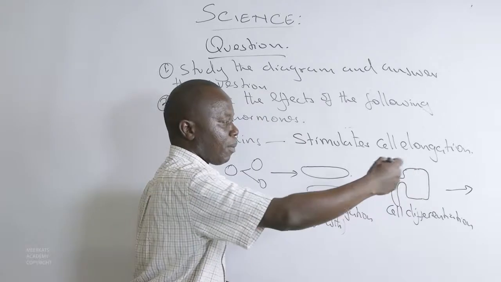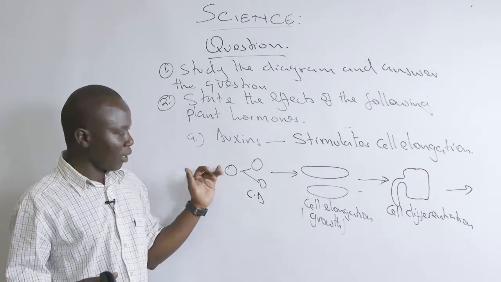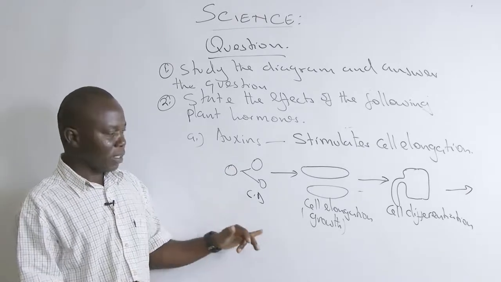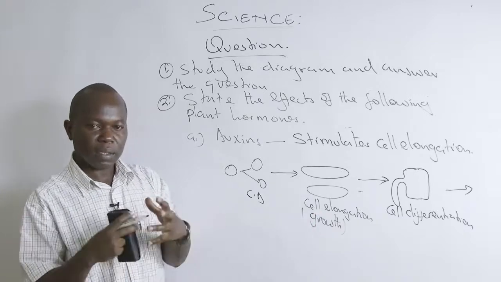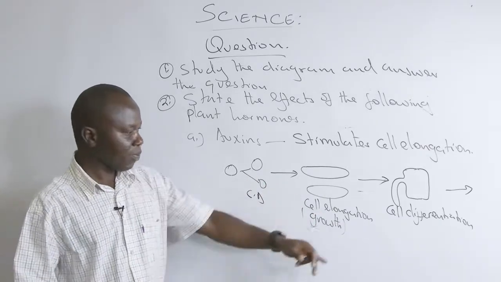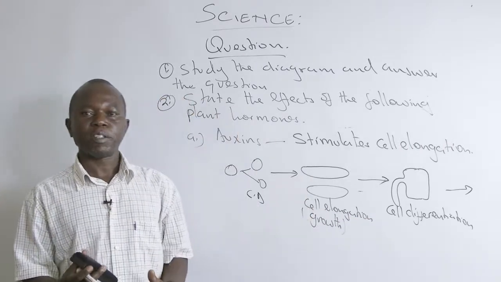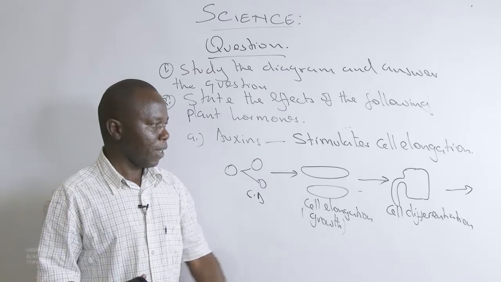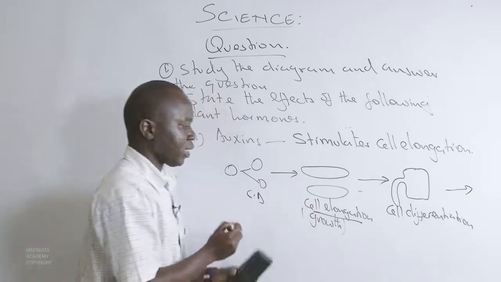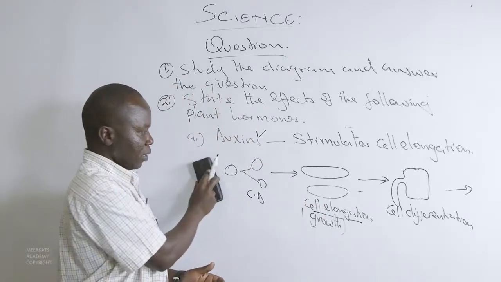It becomes permanent. The same cell, but it becomes mature. So there was one cell, or a few, they divided, they took in water and other nutrients, there was some expansion. After that, there is differentiation, so that now it can perform specific functions, and then it matures. But where we are is at that point, cell elongation, where auxins are very important.